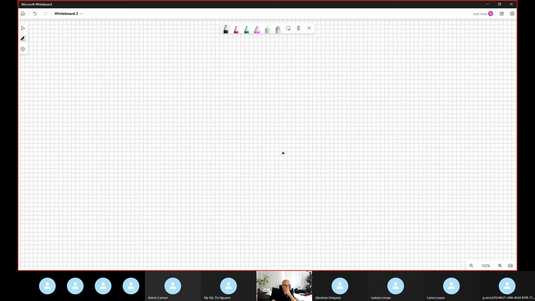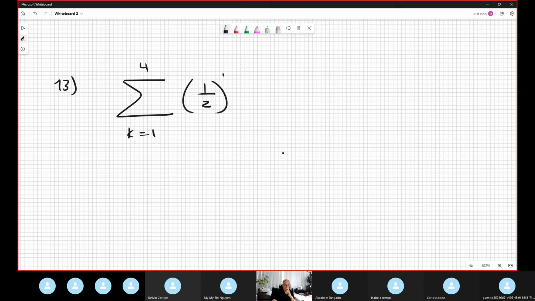Suppose number 13. We compute the summation from k=1 to 4 of 1/2 to the k plus 1.